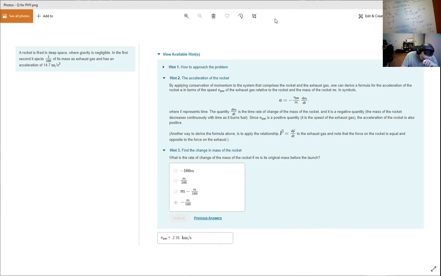So it's basically the mass of the rocket divided by 160 is delta M over delta T. That's the change in mass per time, dm/dt. And the duration was 1 second, so it was divided by 1, same number. Gotcha.